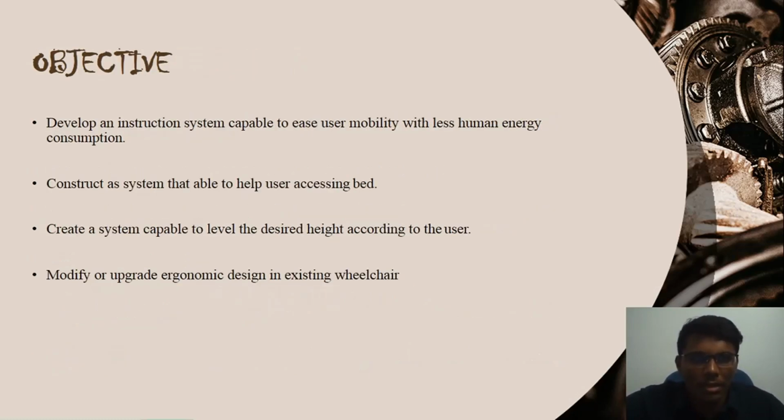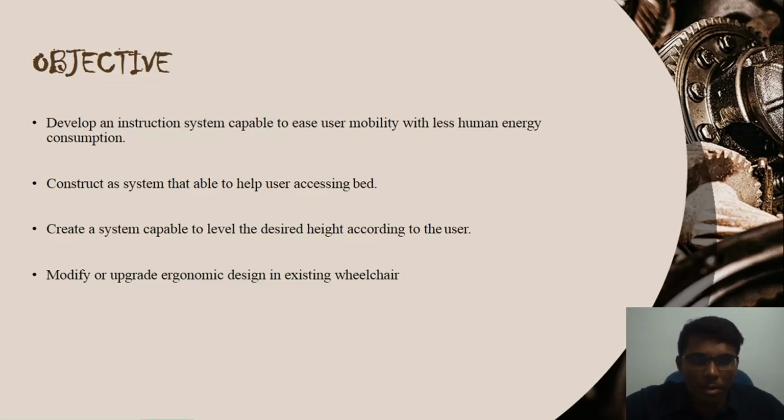The first one is to develop an instruction system capable of easing user mobility with less human energy consumption. The second is to construct a system that is able to help the user access the bed. The next one is to create a system capable of leveling the desired height according to the user.